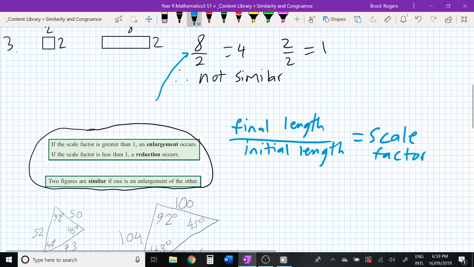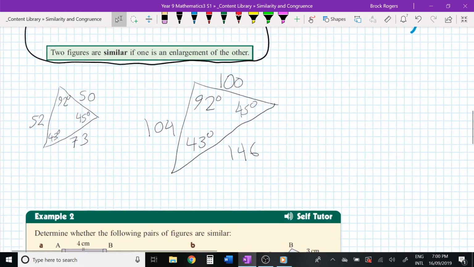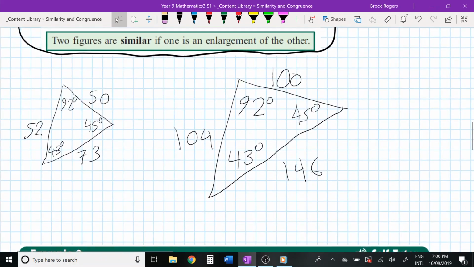If you have a value less than 1, so a fraction, you will find that you have a reduction in the overall size of your shape, and if this fraction is greater than 1, then you'll have an enlargement.